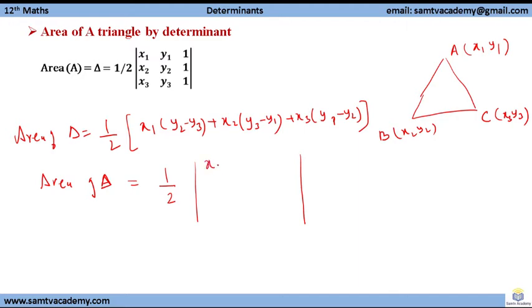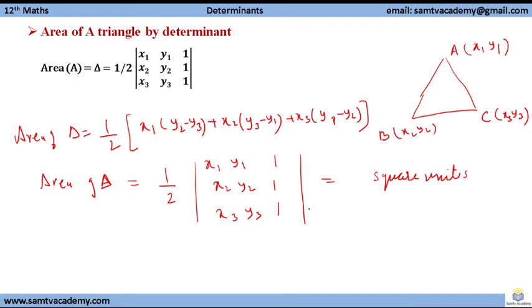We can write it as x1 y1 1, x2 y2 1, x3 y3 1. If you expand this, you will get the same formula. You can expand and see that you will get the same formula. So it will be the area of a triangle in square units.